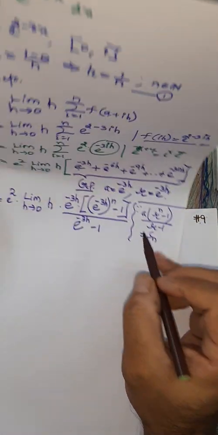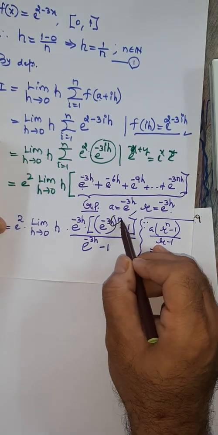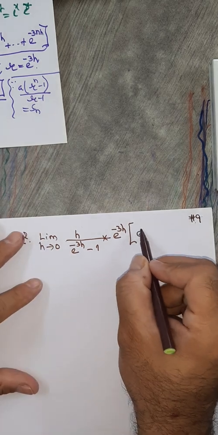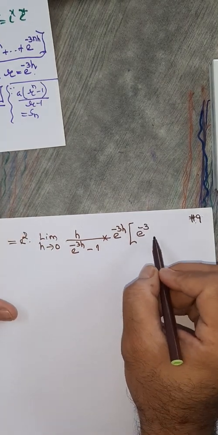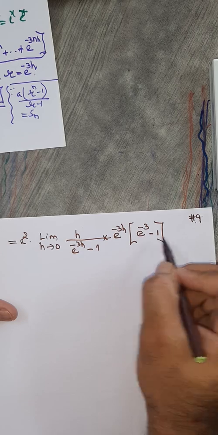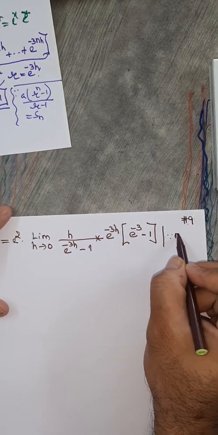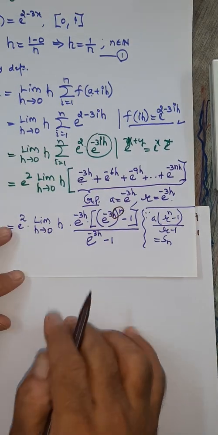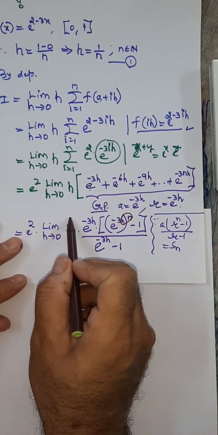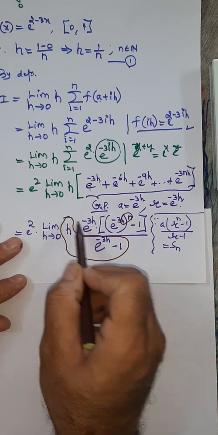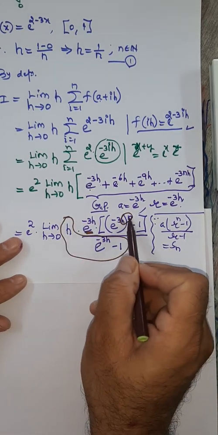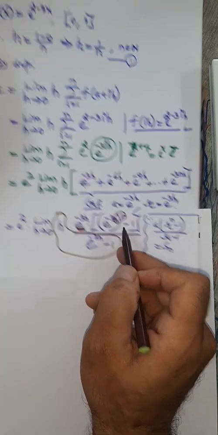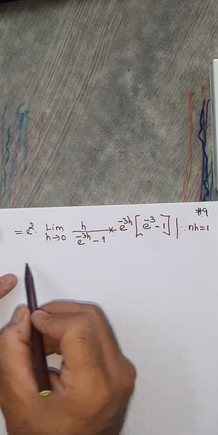This power of the power gets multiplied, so we'll get nh. What's nh? It is 1. So it is just e raised to minus 3 minus 1. Which concept have we used? nh equals 1. We already used such things twice. This one is set with the limit formula. This power of the power gets multiplied, which is nh, which is 1. So you have just e raised to minus 3, minus 1 already there.